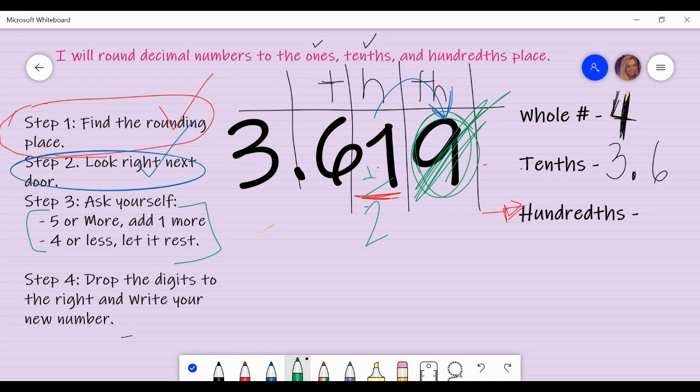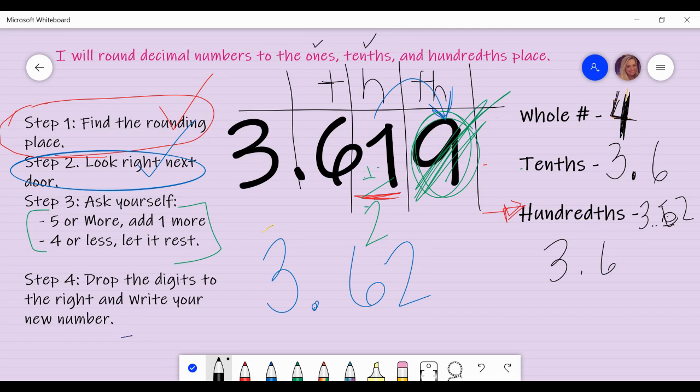It becomes a 2. And then I rewrite my number, 3 and 62 hundredths. So my new number over here would be 3 and 62 hundredths.